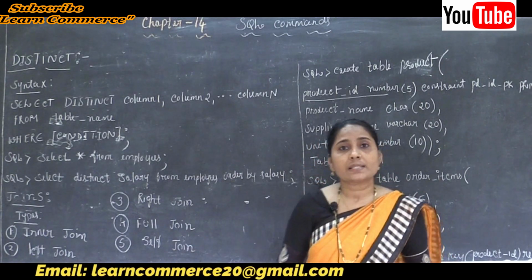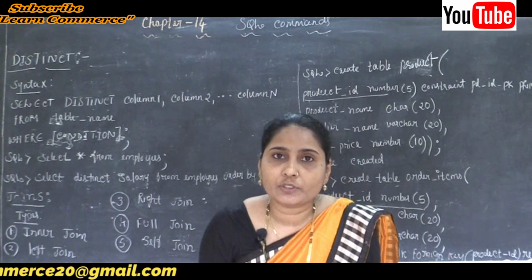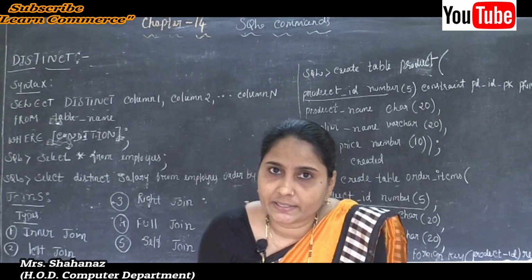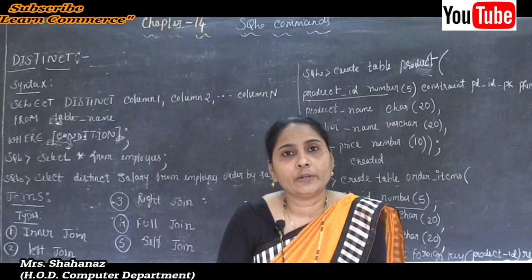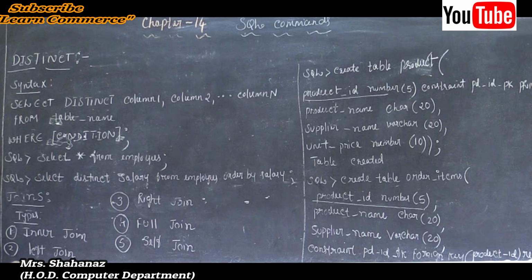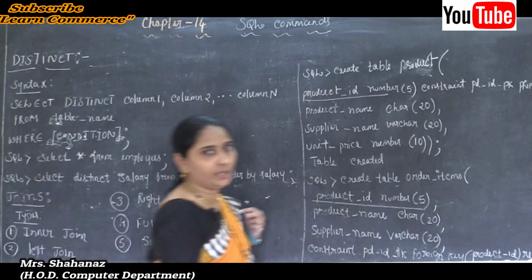And lastly, the self join. This self join is used to join a table to itself. Whether matches are there or not, it joins with itself. So this is called the self join. So that clears the meaning of join.